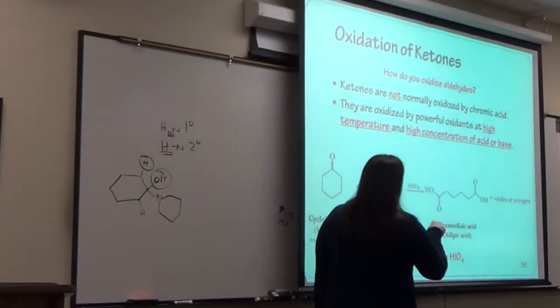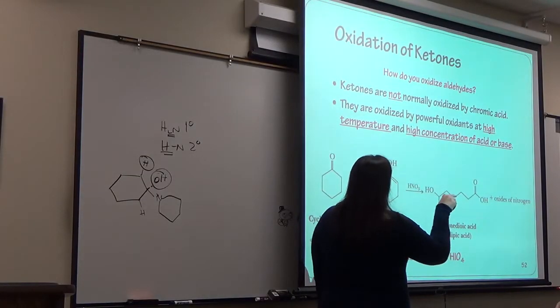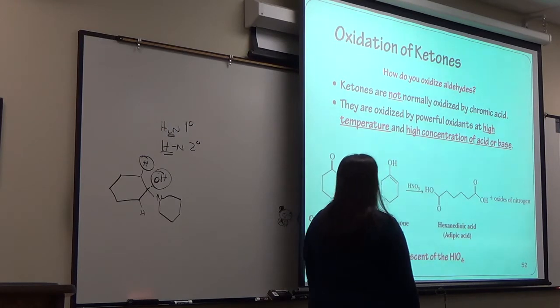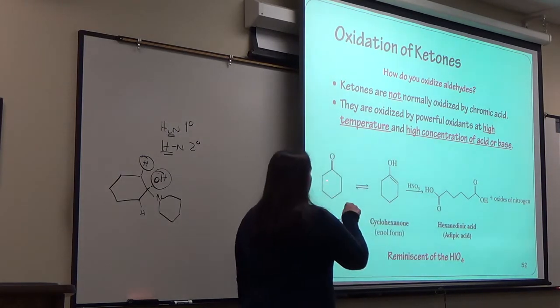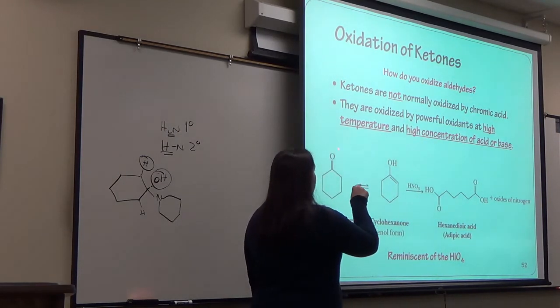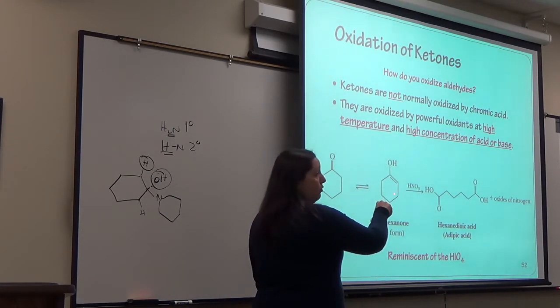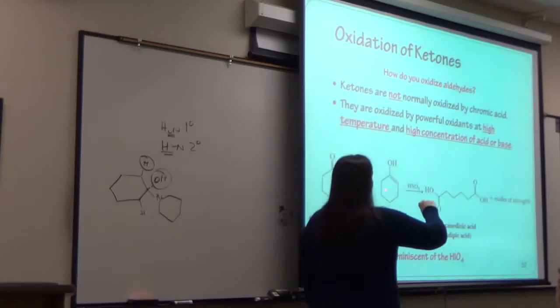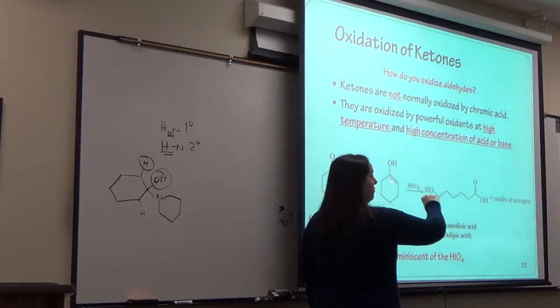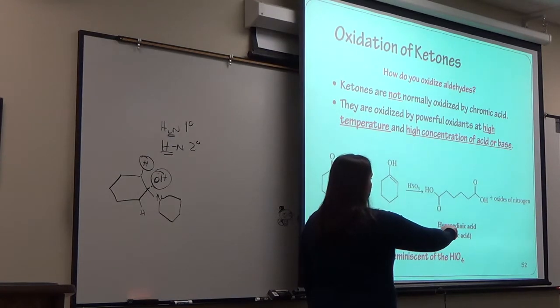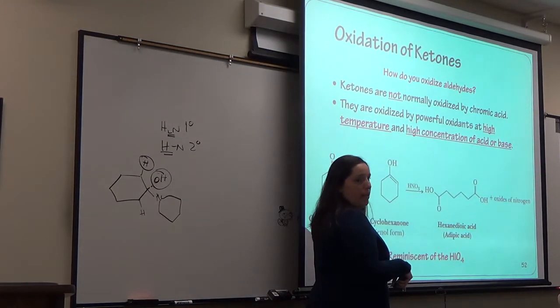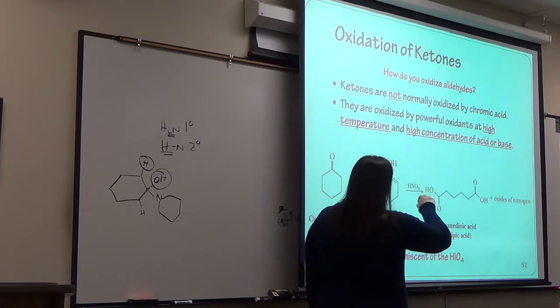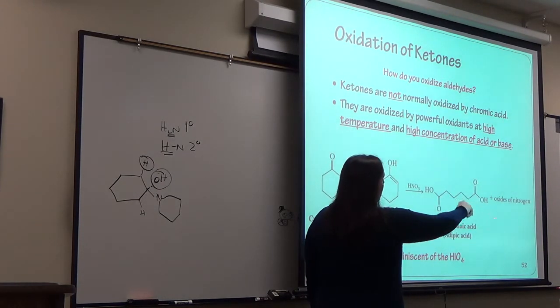But you need, again, that acid, and then you need high temperatures for these reactions. And what happens is that if you imagine that the keto form can be transformed, we just saw that, into the enol form, then you can see that the double bond could break, like we saw with the HIO4, remember that reaction? It breaks at the double bond to form two carboxylic acid groups.